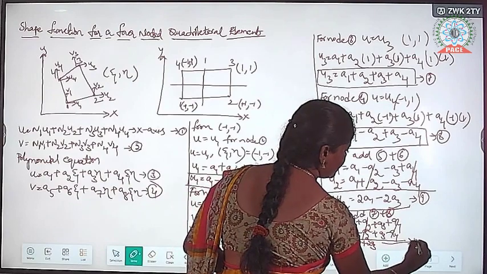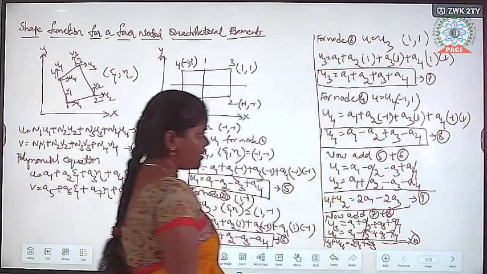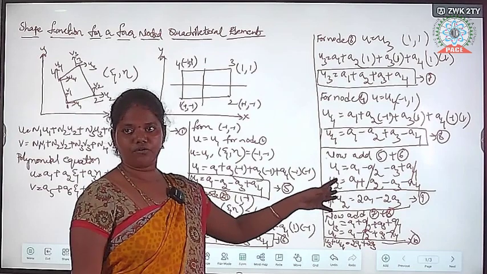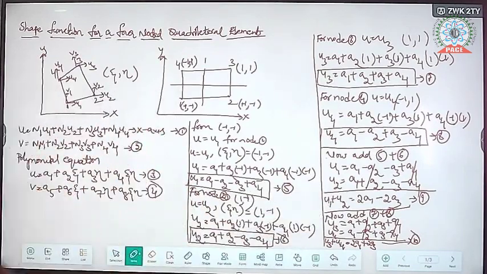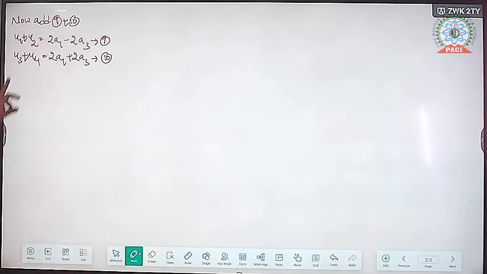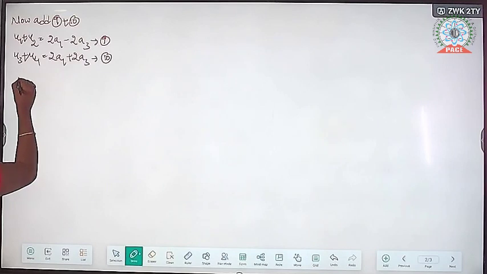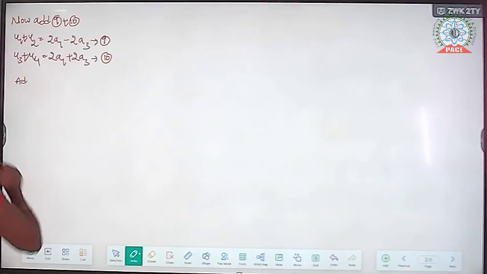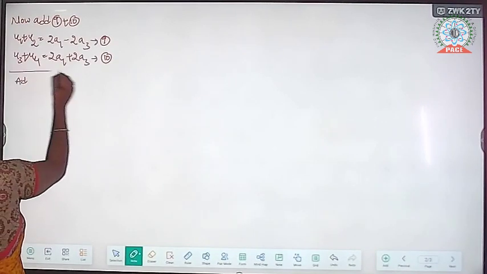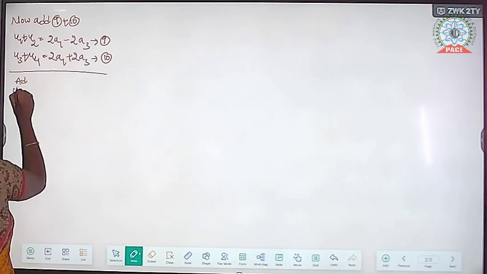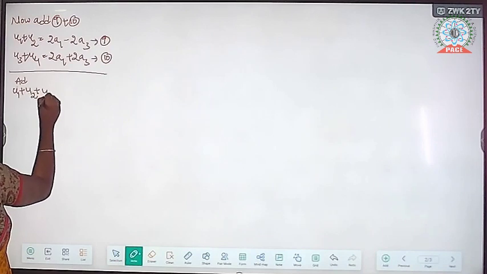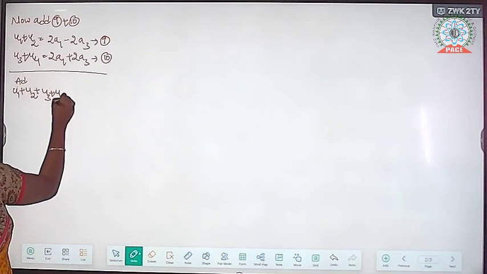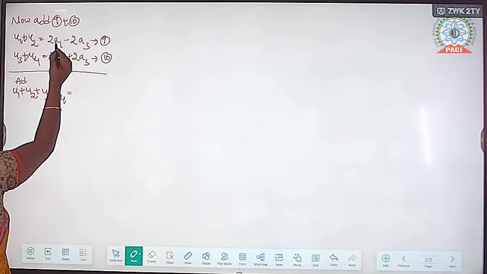Okay. Now from these equations we get the polynomial coefficients. So these are the 9th equation and 10th equation. Again we have to add 9 plus 10 equations. So u1 plus u2 plus u3 plus u4 is equal to 2a1 plus 2a1, which is 4a1.